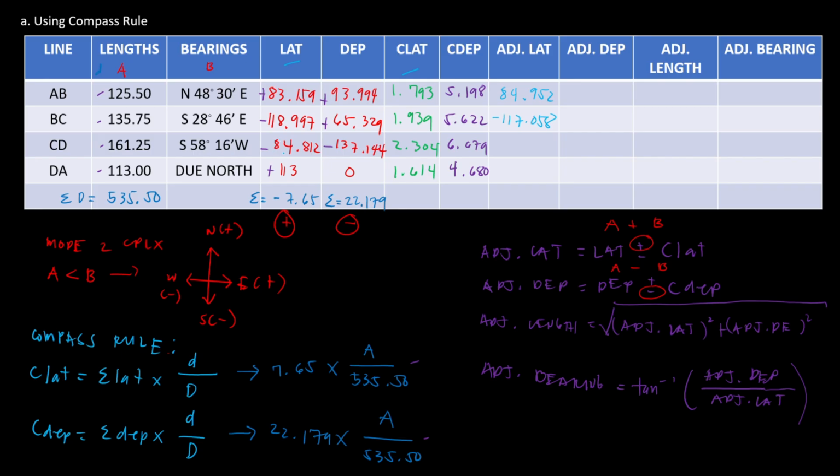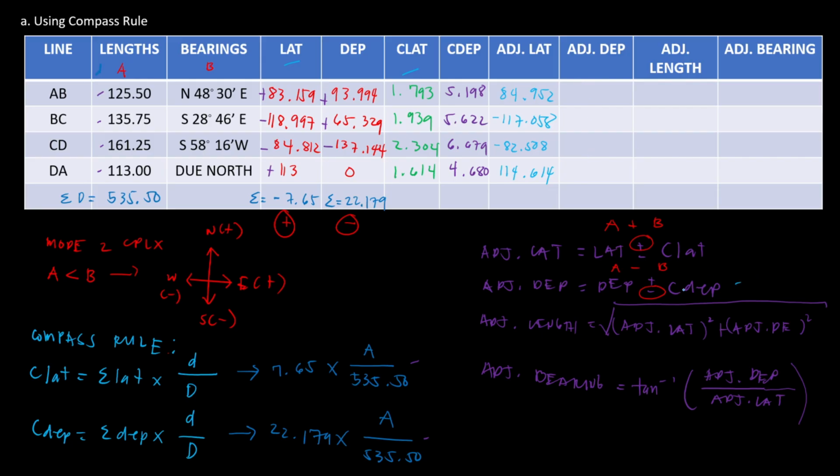And then next, negative 84.8112 plus 2.304. Ang makuha natin dyan is negative 82.508. So, next tayo, 113 plus 1.614. So, that is 114.614.